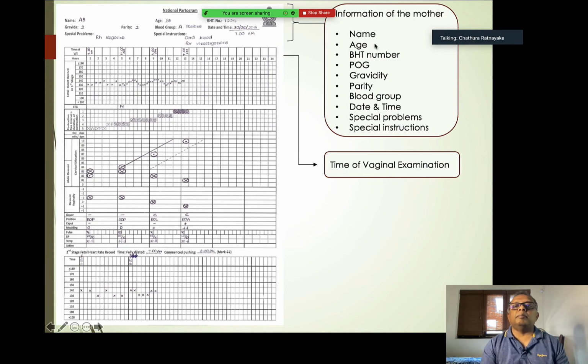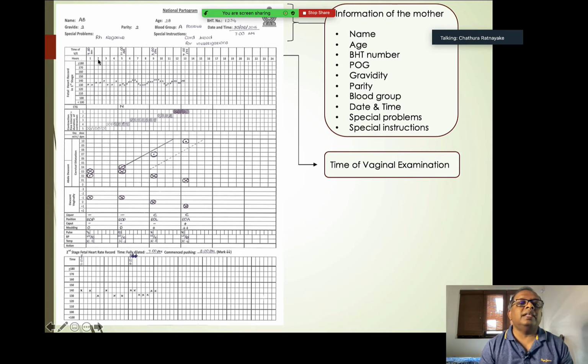The first component, the upper strip, has the bio data or the demographic data of the mother: gravidity, BHC number, blood group, parity, date, time, and any special problems like that. And then the second portion has the times of the vaginal examination.